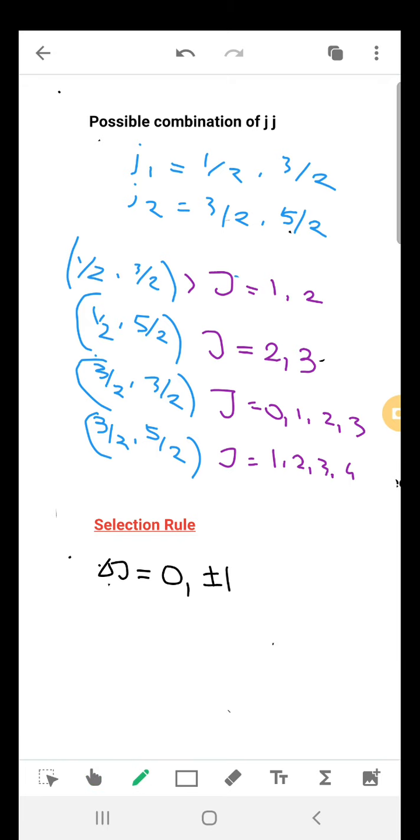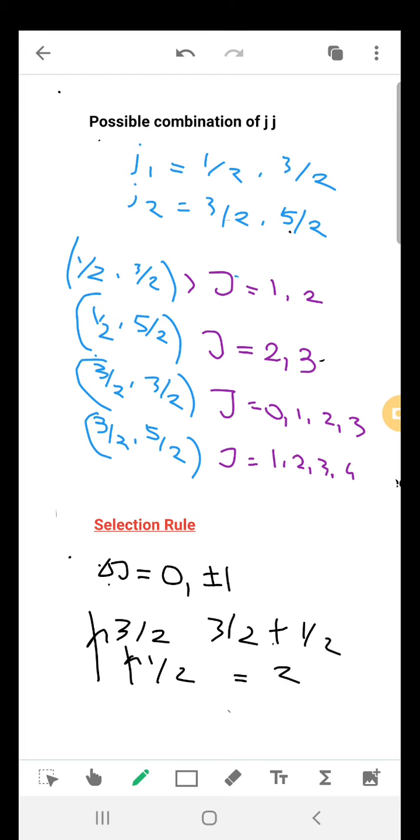So we have say 3 by 2 and 1 by 2, like this. So they can add, 3 by 2 plus 1 by 2 to make it 2, or they can subtract, 3 by 2 minus 1 by 2 to make it 1.